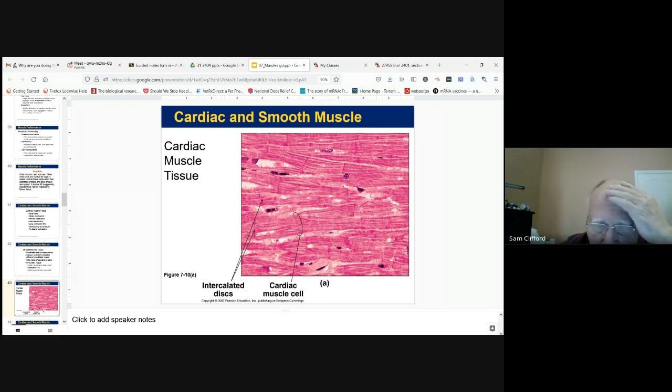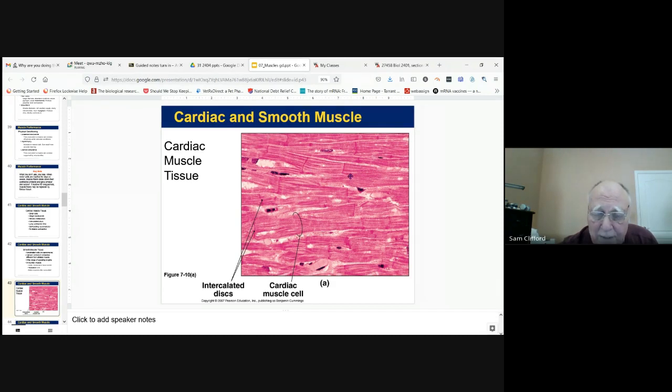Cardiac muscle is branched, usually uninucleate, and the purpose of these intercalated discs is to allow the impulse to move very quickly throughout the muscle fibers so that you can have coordinated beating of the heart, where first of all the atria contract and then the ventricles, and the ventricles actually wring out the blood.